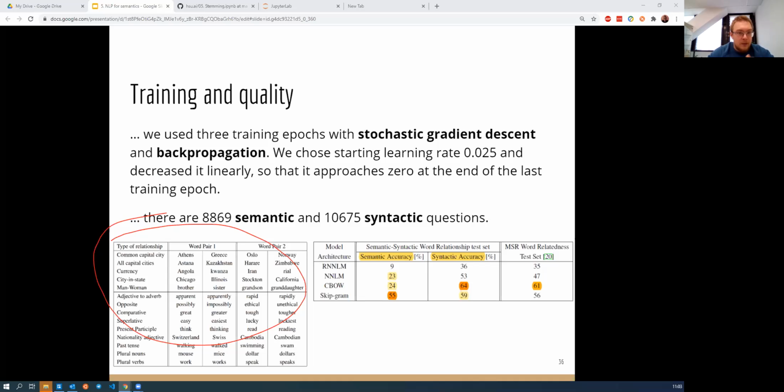If the model works, it solves the task. So here the embeddings themselves are just, how to say it, the additional bonus for the results of the paper. They were trying to solve the problem of predicting the relations, and embeddings in the hidden layer were just some side effect of the training.